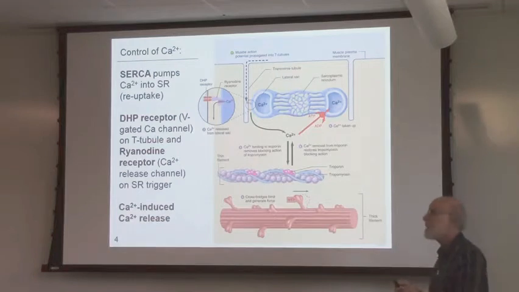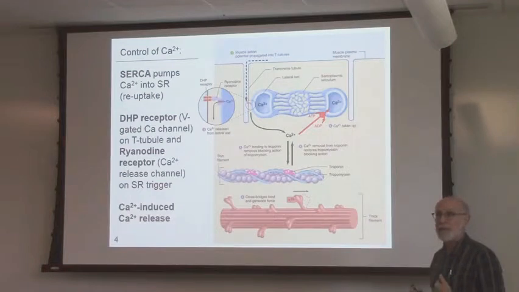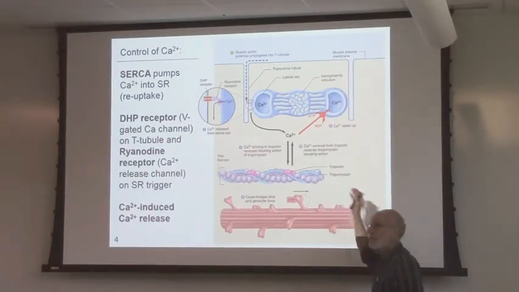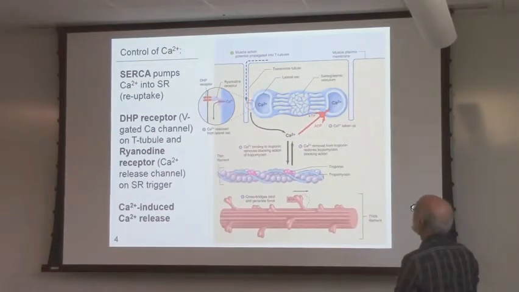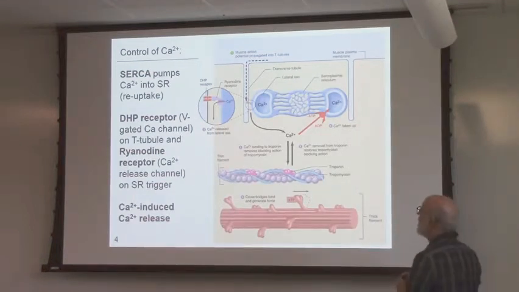So, just like in skeletal muscle, when an action potential propagates in the surface membrane, it causes the release of calcium from the SR, which is what triggers contraction, which we've already covered. In skeletal muscle, the thing that senses the action potential in the T-tubule, and tells the sarcoplasmic reticulum to release calcium, is a physical connection.